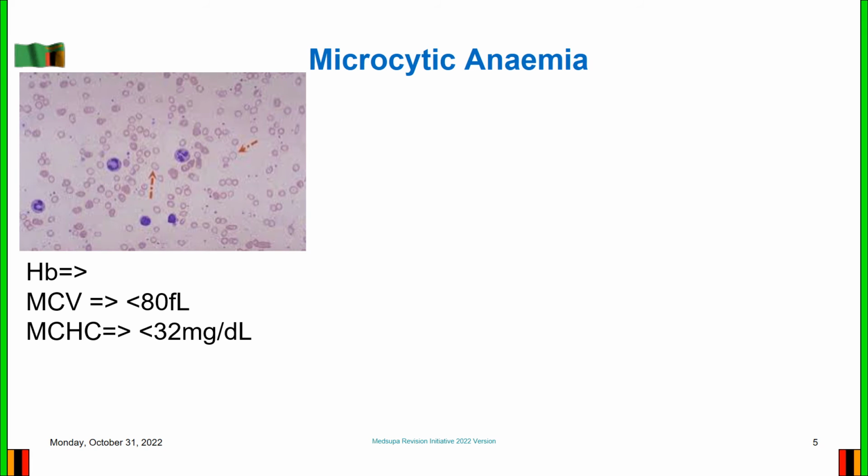It doesn't exist, because once the red blood cells have reduced in size, it means that even the hemoglobin concentration has reduced. Hence, the cells actually lose their color, so they become pale.